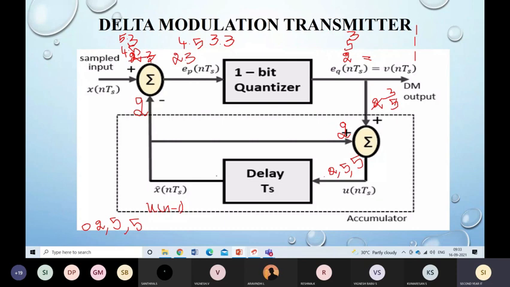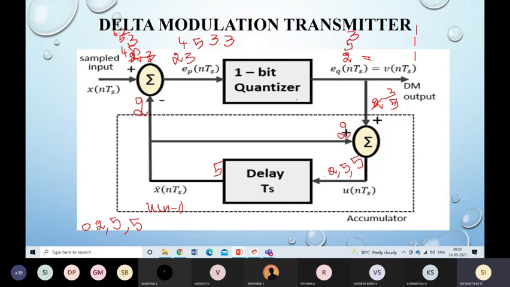So the u of (n minus 1) Ts here is 5. Our next value I'm going to take as 6.2. Assume like that. Thereby this process will continue and you are going to find the values.